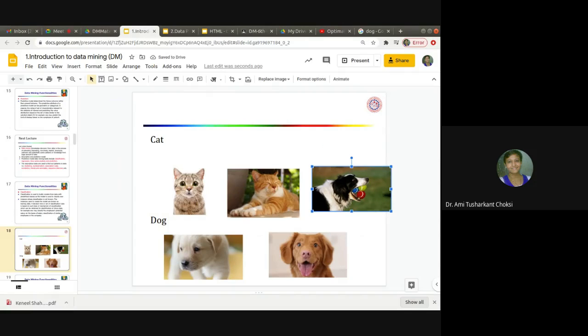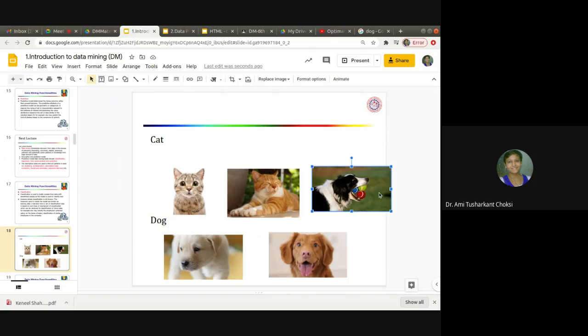It is because you are having the features in your mind that dog means this type of shape, this type of color. You can say whatever data is there, the color is similar to white and this is similar to, say, brown.